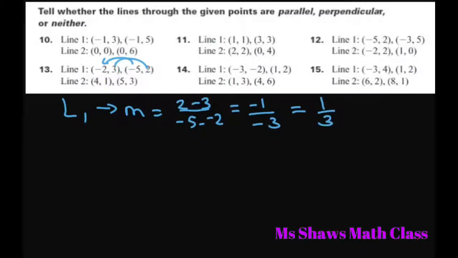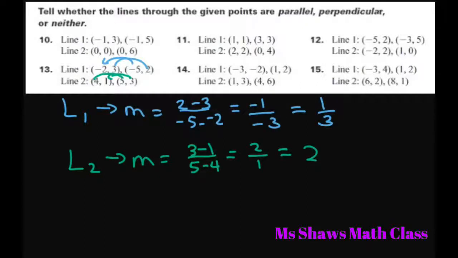All right, and line 2, the slope's going to be 3 minus 1, 5 minus 4. That's going to give you 2 divided by 1, which equals 2. So they're not the same and they're not negative reciprocals. So this one is neither.